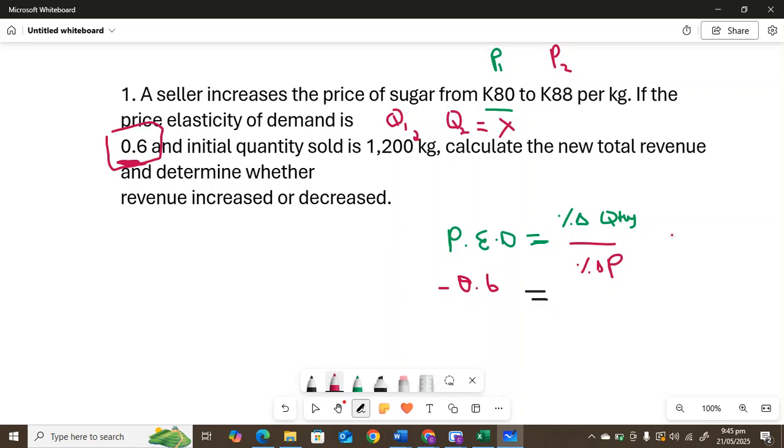Whichever is going down, whether quantity or price, will be represented by a negative value. So that's why at the end of the questions, you always have to get the absolute value, because due to the law of demand, every time you tabulate, you're always going to get a negative value. Is that okay, colleagues?